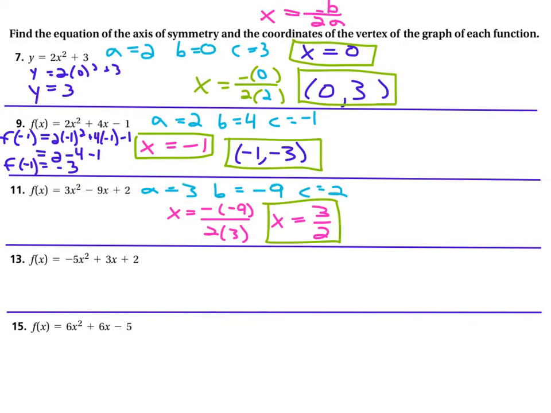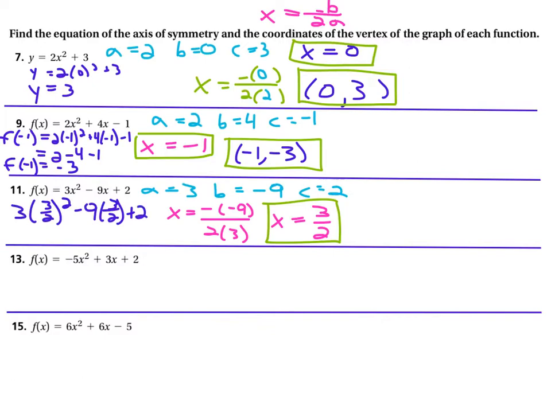If we plug that in, I'm going to write it bigger, and then I'll calculate it somewhere else and give you the final answer, just to show you that I'm plugging it in. 3 times 3/2 squared minus 9 times 3/2 plus 2.